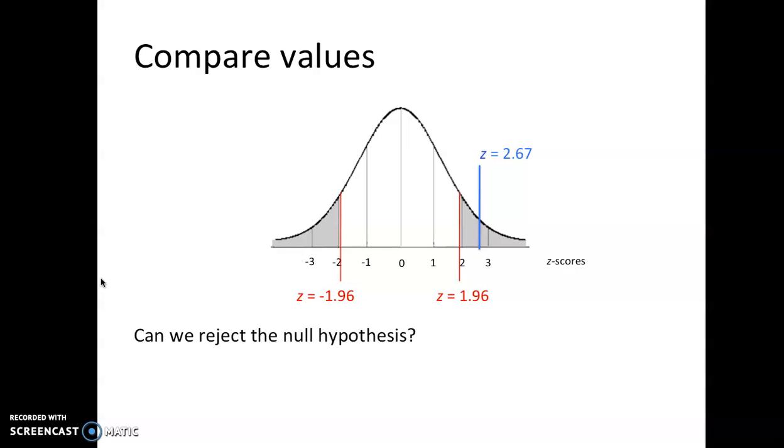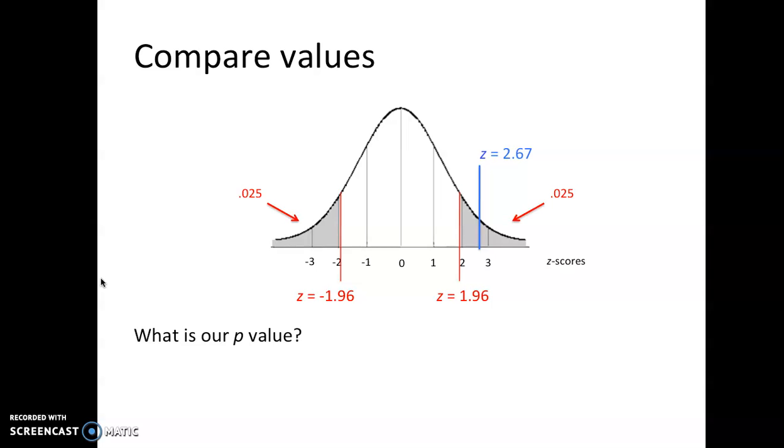So, can we reject the null hypothesis, which states that the difference between our sample mean IQ score and the population mean IQ was due to chance factors? Well, yes, we can reject the null hypothesis because our z obtained value is greater than our z critical value. So what is our p-value? That's the chance of making a type 1 error if we reject the null hypothesis.